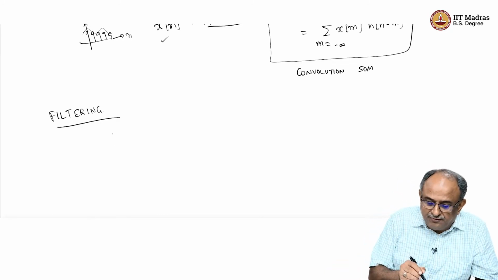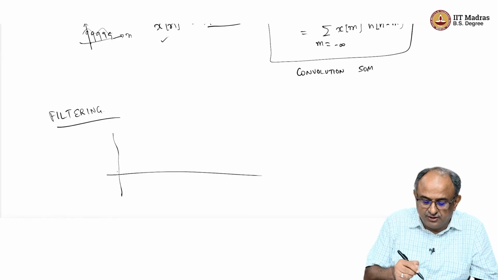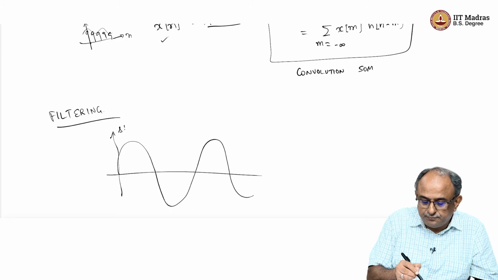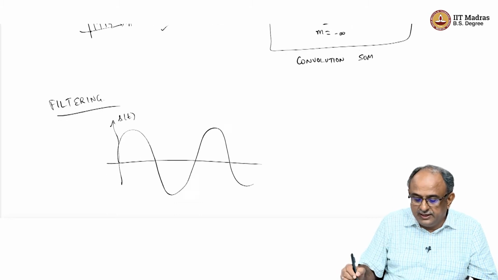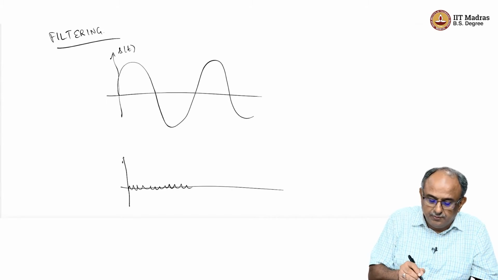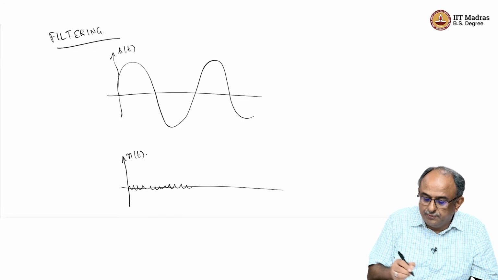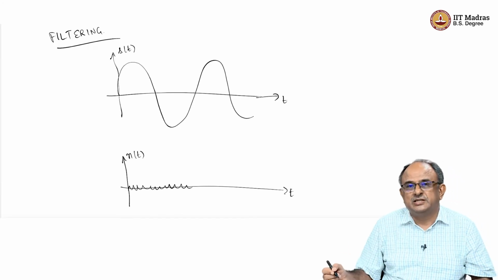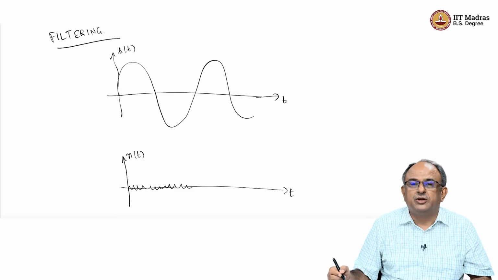For example, suppose I have a smooth signal like this, a nice smooth signal. And then I have some noise signal, let us say a noisy signal like this. Noise is something that is unwanted, so you want to get rid of noise.